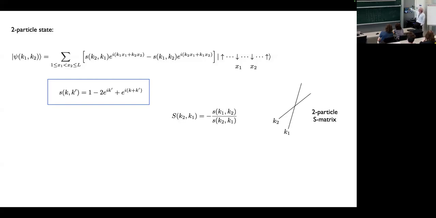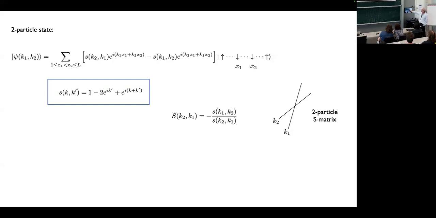If I look at the ratio of these two little s's, I get what is denoted as big S, which you can regard as the two-particle S matrix for the scattering of these two magnons, these two particles on the line. Notice that in addition to this little s, we also have a phase e^{i(k1 x1 + k2 x2)}.